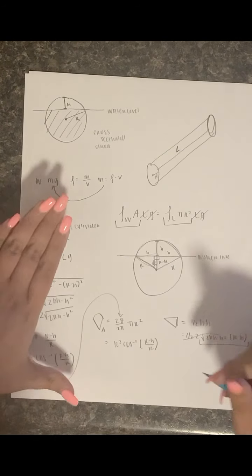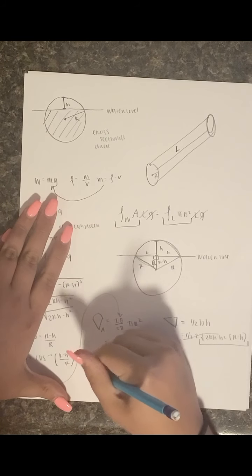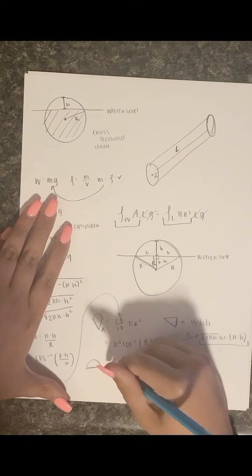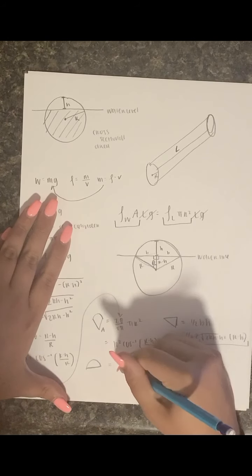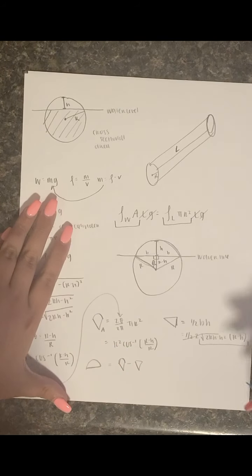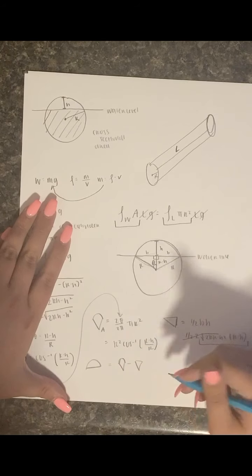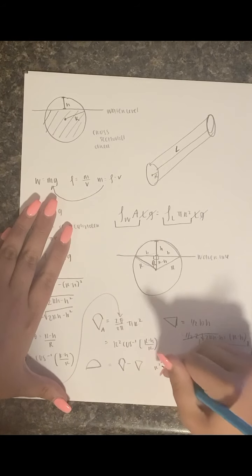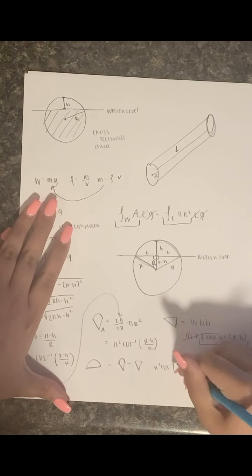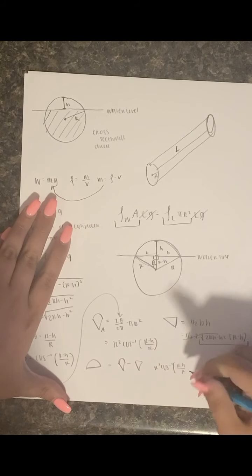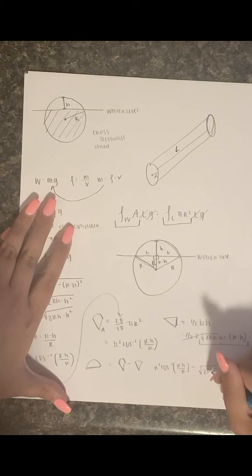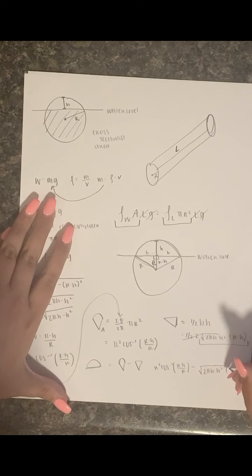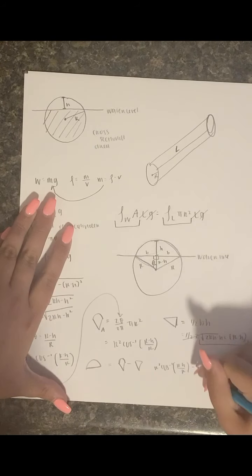And then if you're looking for just the top part of the cylinder, it's just the cone minus the triangle. So it's going to be these two values: r squared cosine inverse of r minus h over r, minus the quantity square root of 2rh minus h squared times r minus h. That's like this.